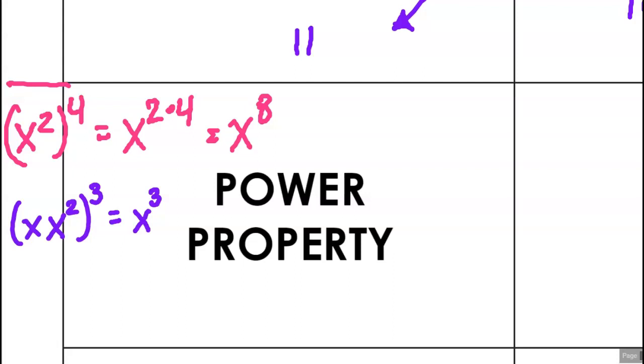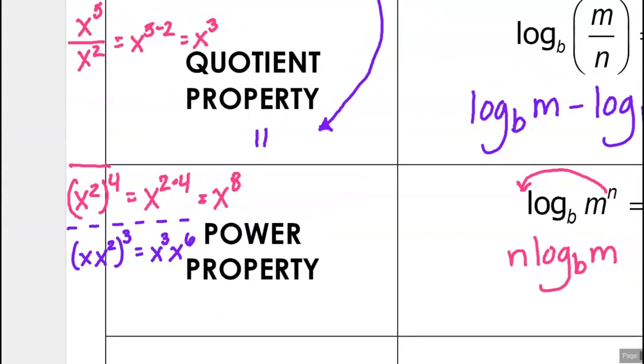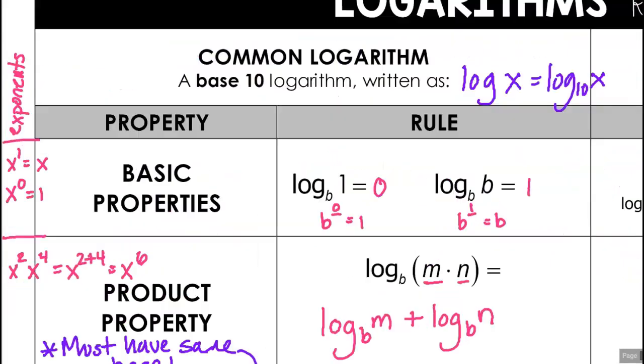So we distribute the exponent of 3 onto the original first x, and we can also distribute the exponent of 3 onto the x squared. Remember, when you have an exponent raised to an exponent, you multiply. So 2 times 3 is 6. So back up to our example.